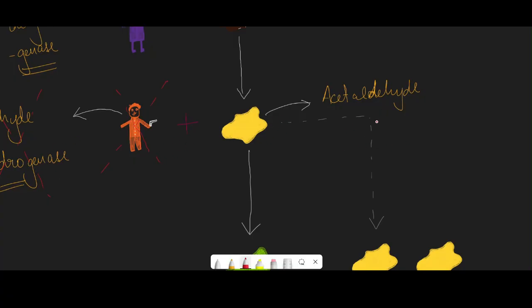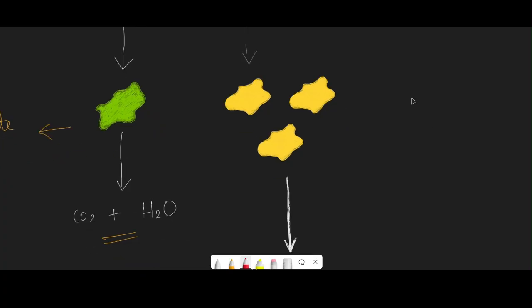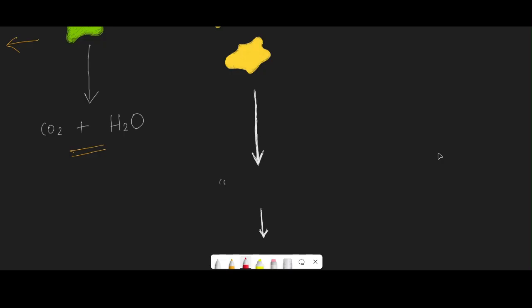So what happens is that the acetaldehyde gets accumulated in the body. It gets so accumulated that it leads to, I'll just write here, accumulation of acetaldehyde.